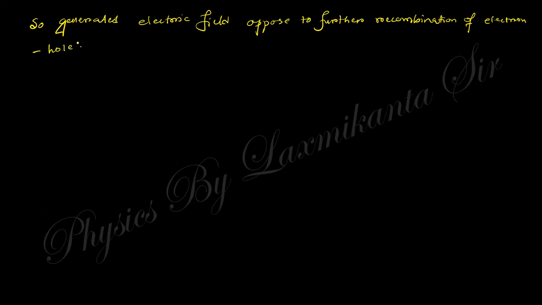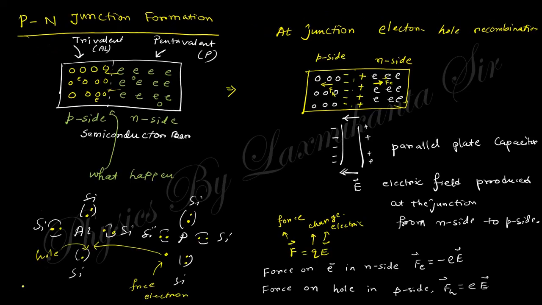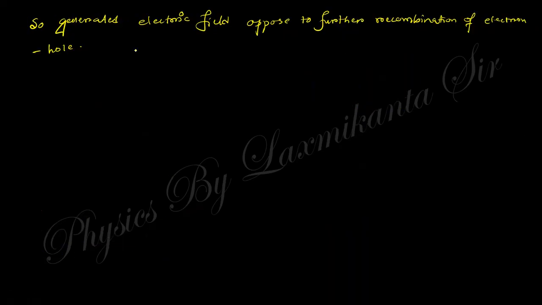This electric field opposes further recombination of electron and hole. That's why the electron and hole do not come together.